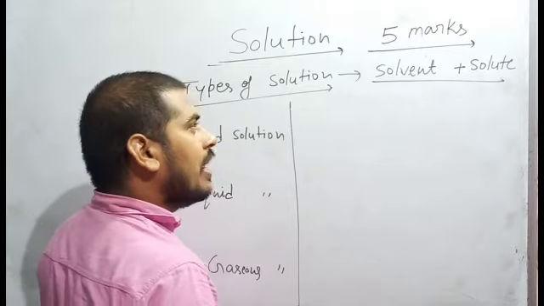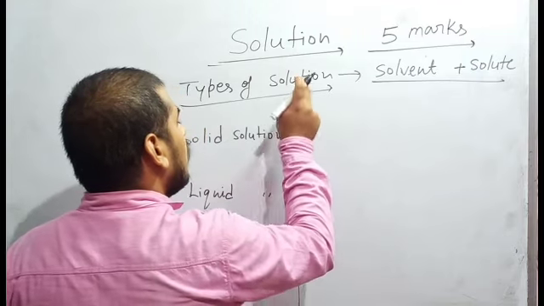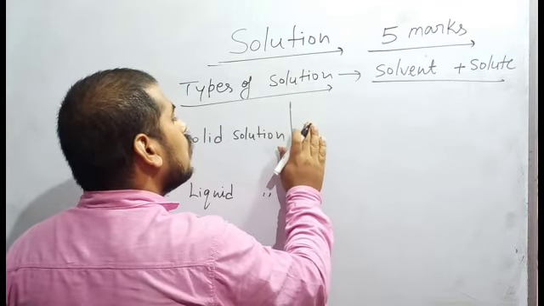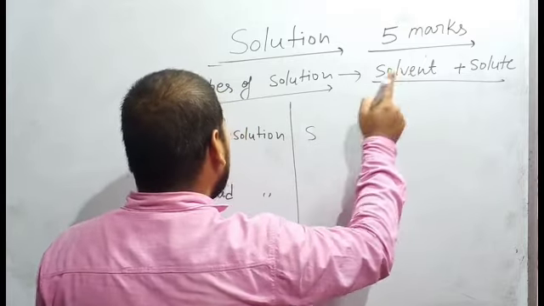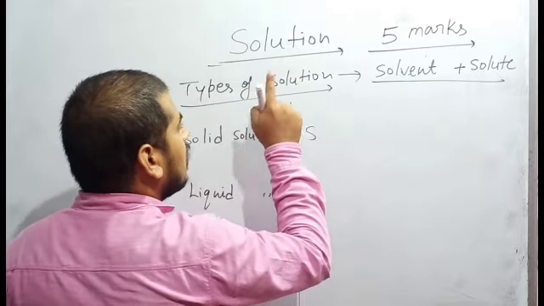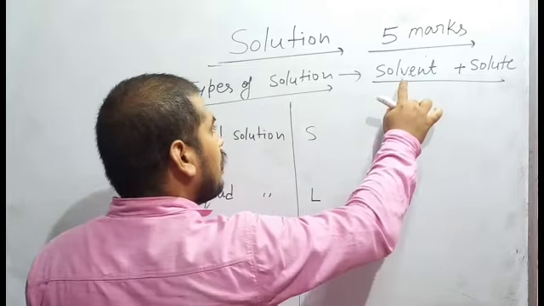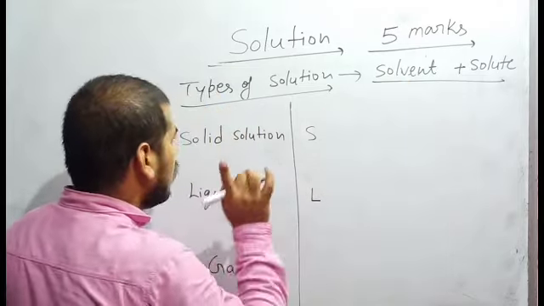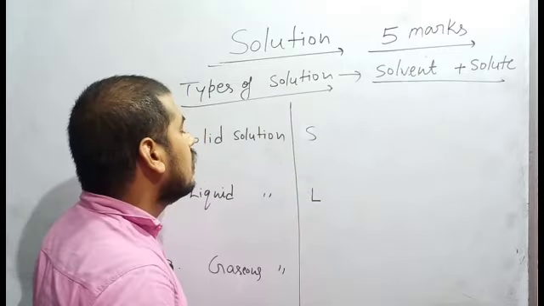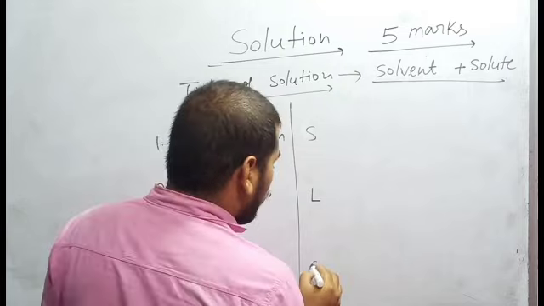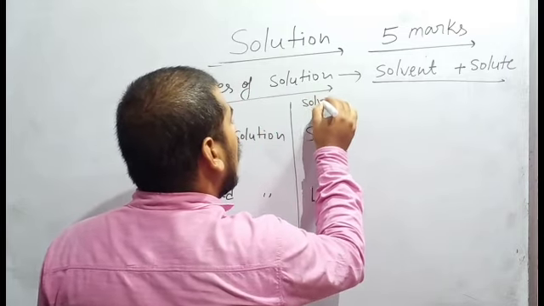If the phase of solvent is solid, then the solution is called solid solution, and if the phase of solvent is liquid, the solution is called liquid solution, and if the phase of solvent is gaseous, the solution is called gaseous solution. So that is the phase of solvent.